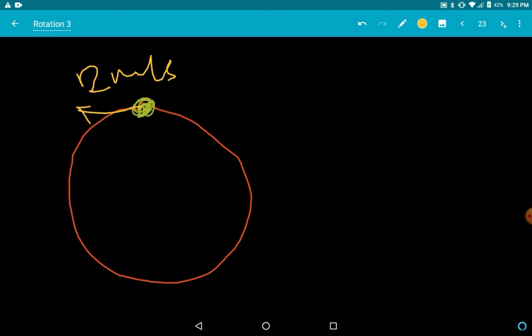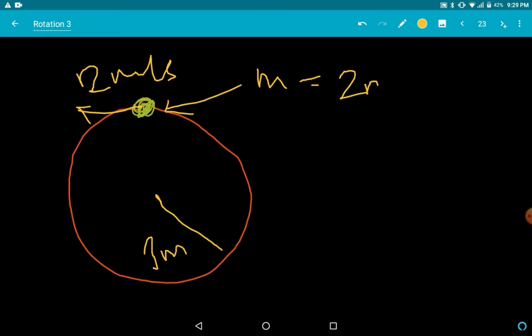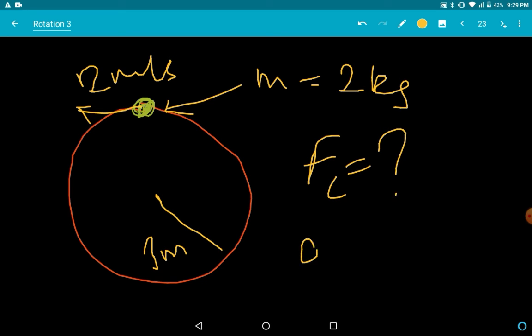The radius of the circle is 3 meters, and the mass of the body is 2 kg. Now you have to tell me the centripetal acceleration and the centripetal force acting on the body. Let's solve this.